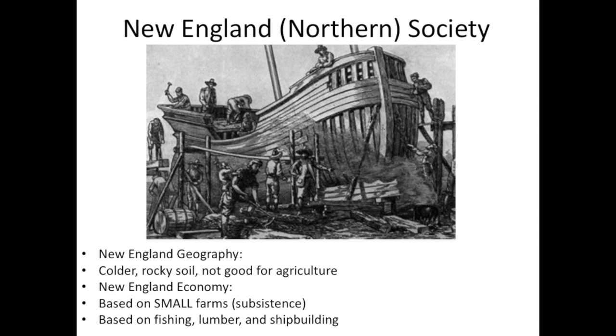Shipbuilding is worth pausing to talk about. So the New England economy, again, partly will be based on the building of ships. There's a couple reasons why I'm going to emphasize this. One is that these ships during the colonial period are going to be oftentimes used to ship products that are made in the English colonies back to England or to Africa.